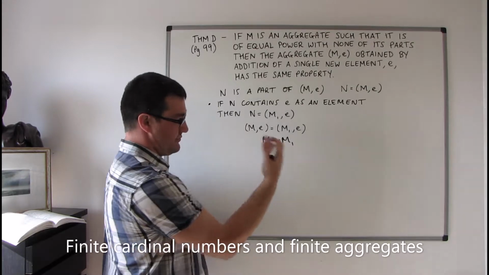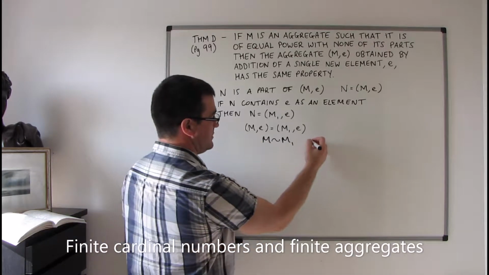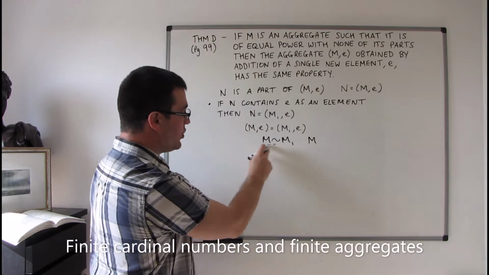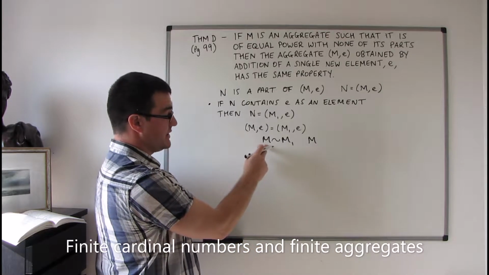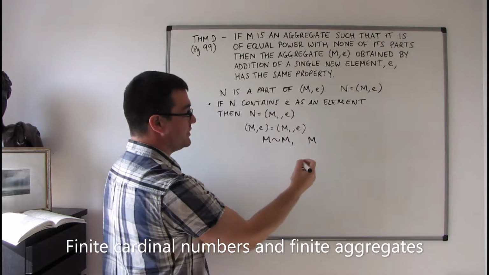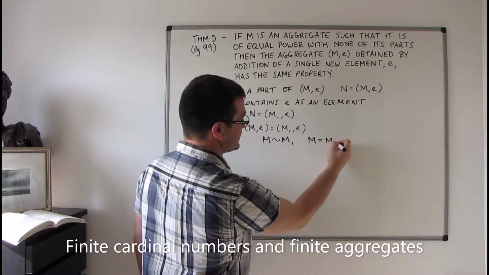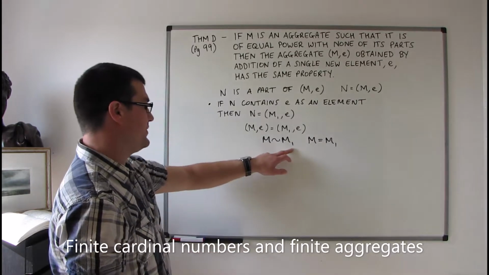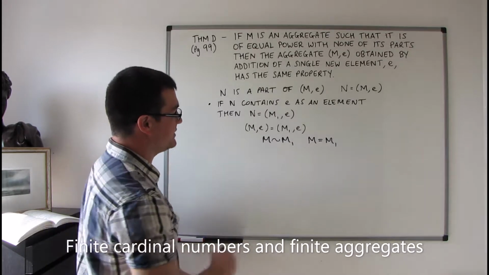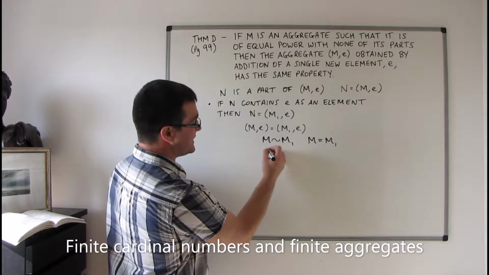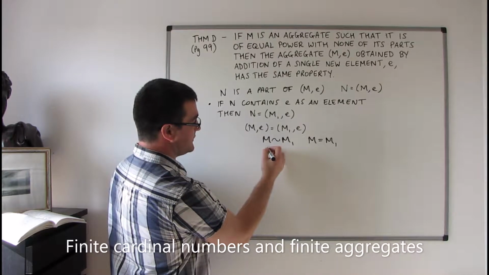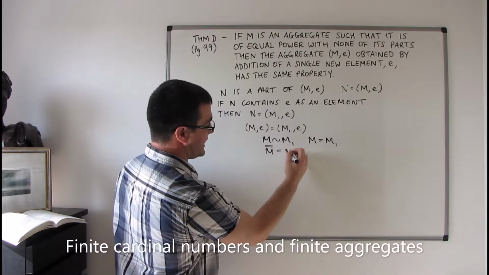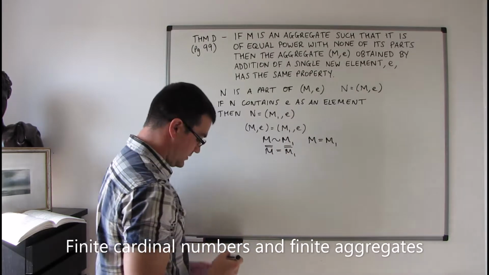But because they've got the same elements, because all of the elements of M1 are elements of M, and similarly all of the elements of M are elements of M1, then we've got that M is actually equal to M1. But this is the more important thing, because this tells us that the cardinal number of M is equal to the cardinal number of M1.